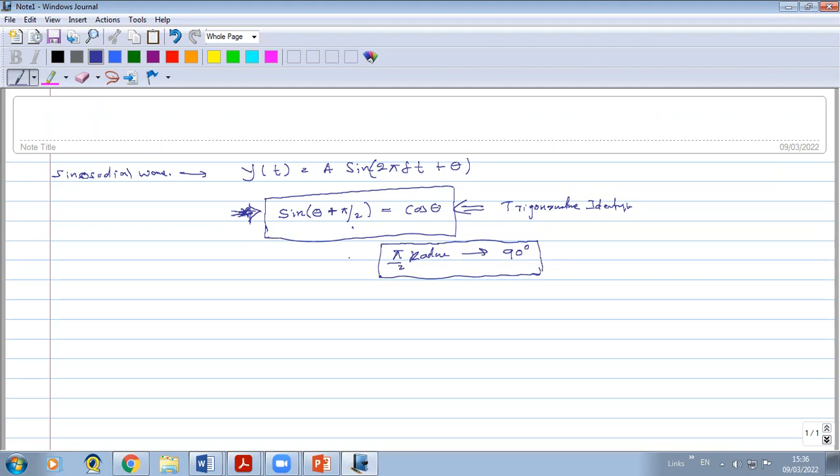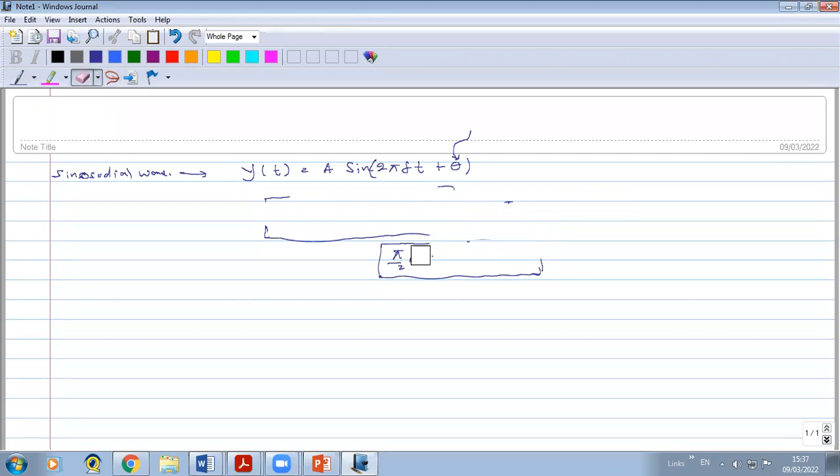Okay. So anyway, what I want to tell you is about this phase shift. So can anyone tell what is this, and what is this, and what is this?